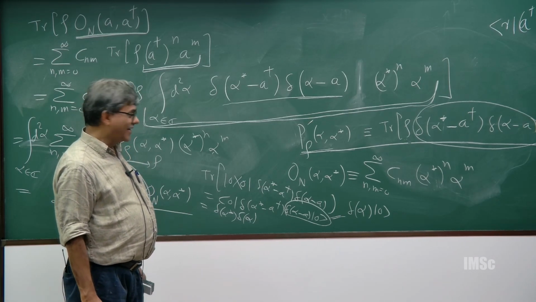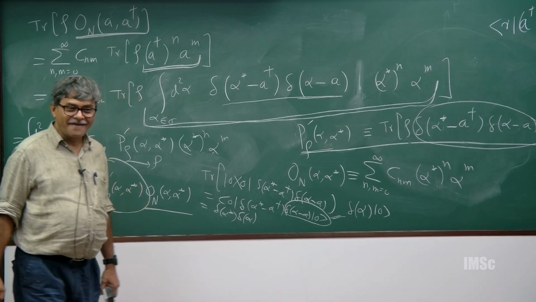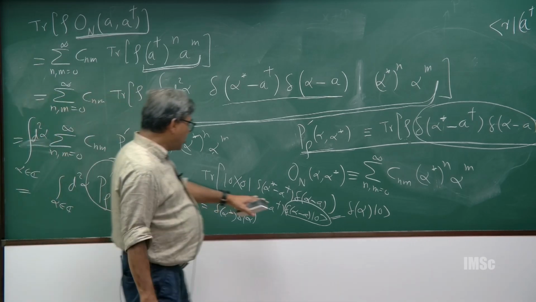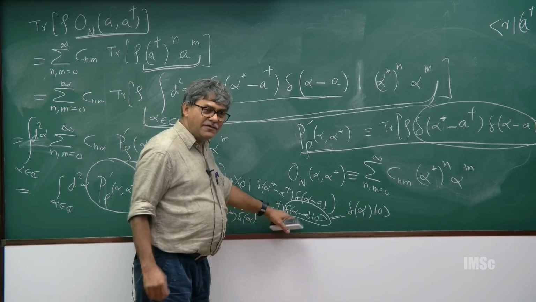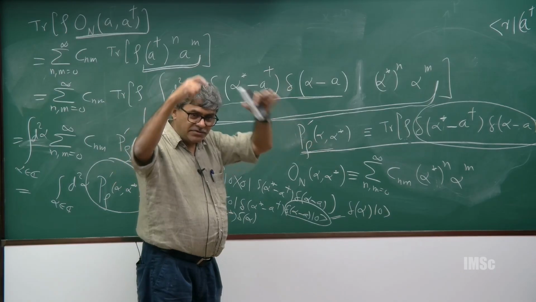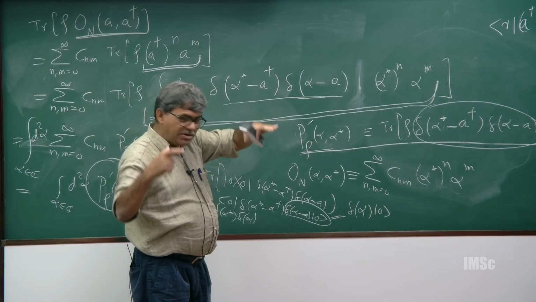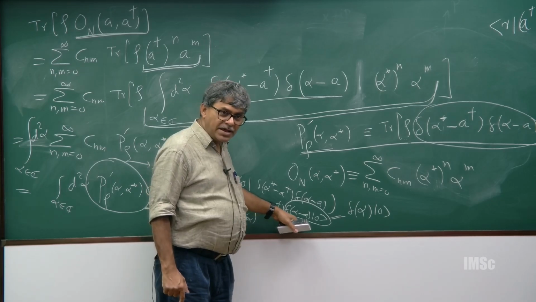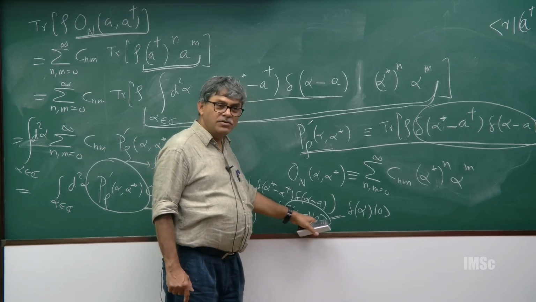How did we move to this? I mean, if it was just alpha minus A, then it would be alpha 0. Yes. But think of the delta function as a limiting case of a Gaussian function of alpha minus A. So, apply that Gaussian function on the state at 0.